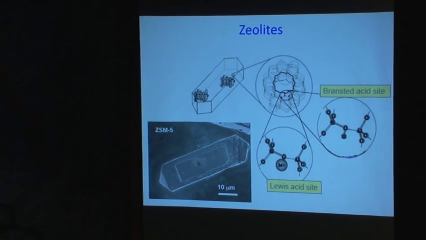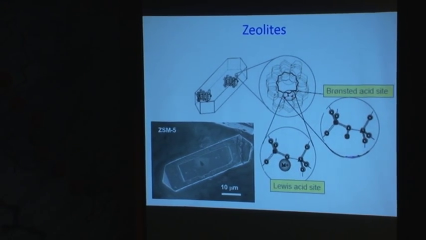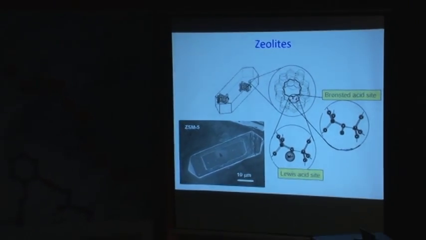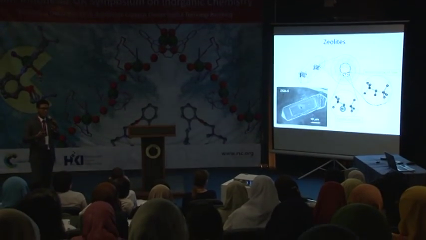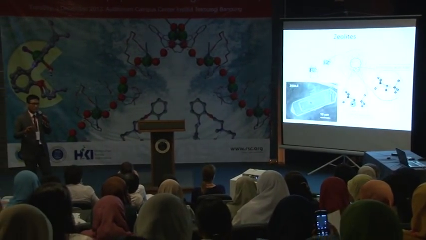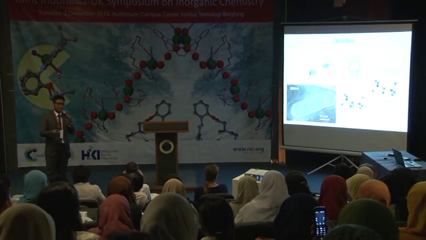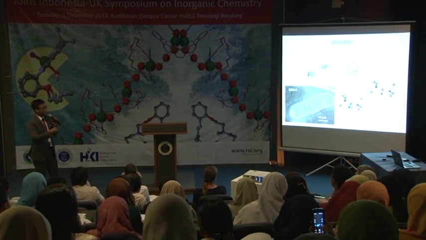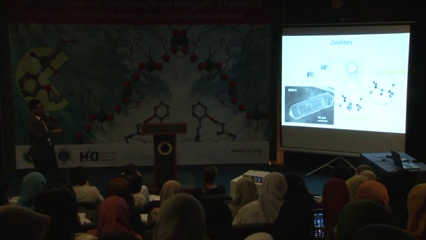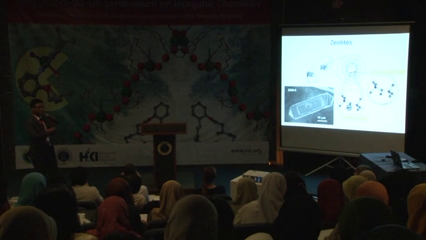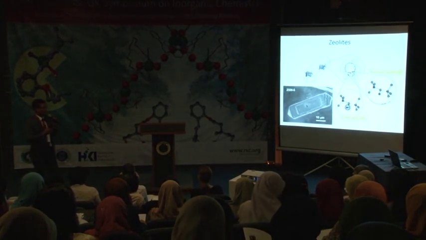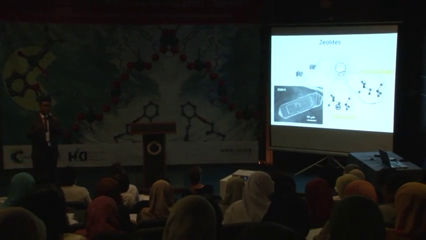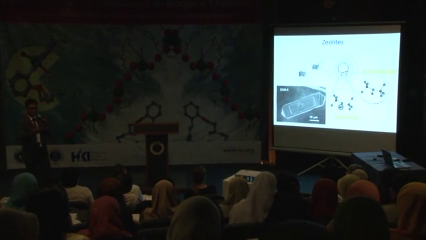So the Bronsted acid sites and the Lewis acid sites are present within the framework of zeolite. This is why zeolite has been used mainly in industry as a catalyst, for instance. And due to this, the channels, crystallinity, and then the micropore framework, the surface area is also very high.